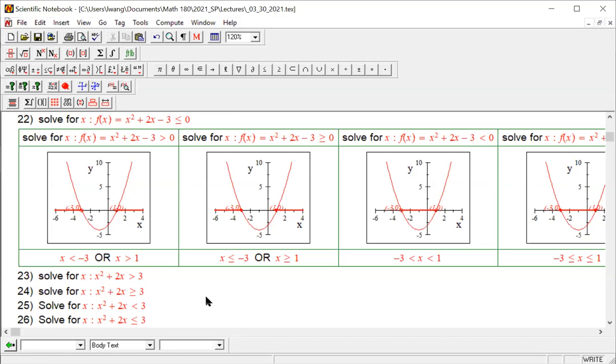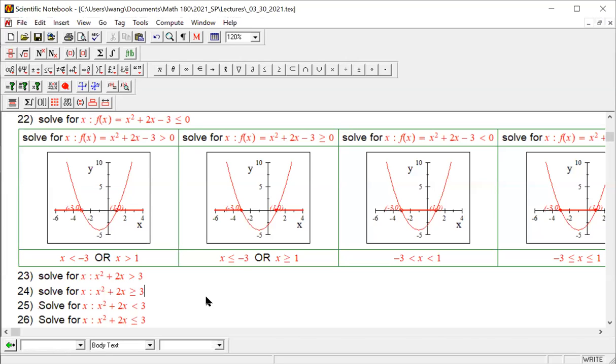If you look at number 23 and number 19, these two are actually the same statement, aren't they? Yes. And they're just algebraic variations of it. By adding 3 on both sides, you get 23, right? By adding 3 on both sides of 20, you get 24. Do you guys follow me?